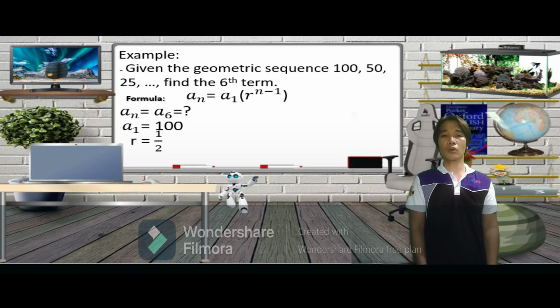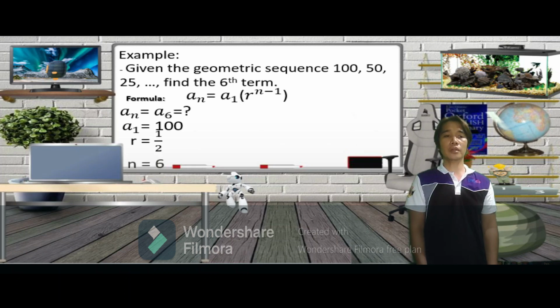So we have 50 over 100, then 25 over 50. So that is a proper fraction, so we're just going to simplify by dividing both numerator and denominator by the same number. So we have the common ratio, that is 1/2.